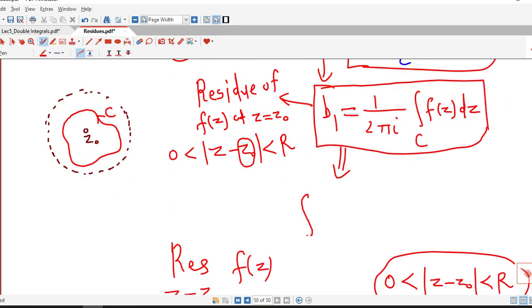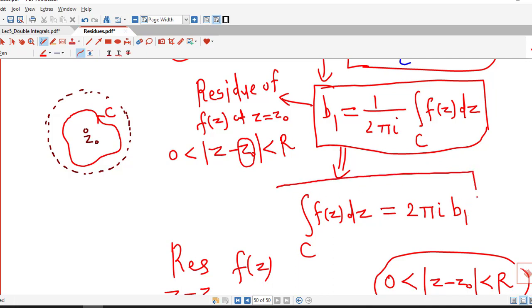From this we obtain this formula for the integral of f of z over this simple closed contour C. This is equal to 2 pi i times the residue of f of z at z equal to z0.